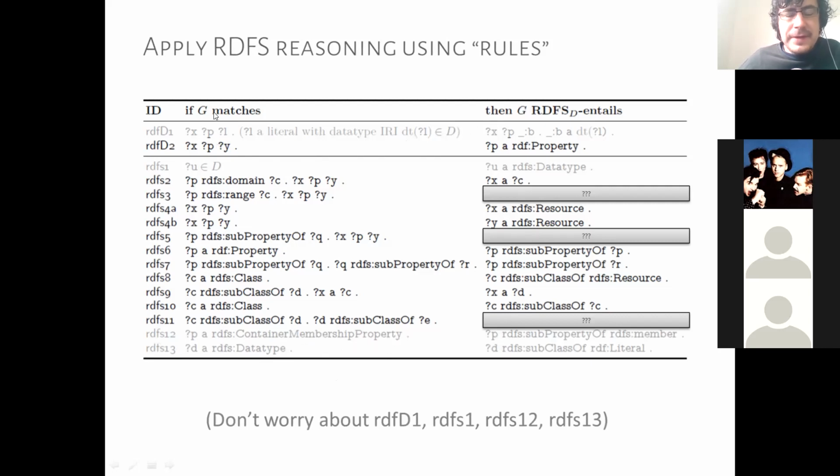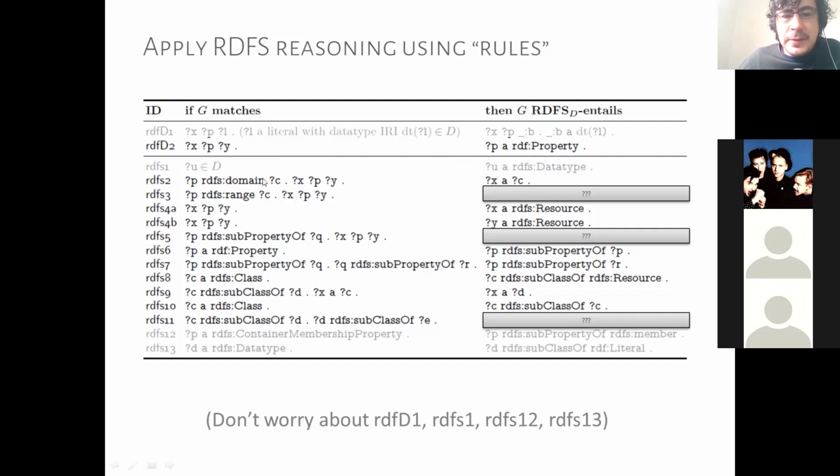If the graph contains a pattern that matches these variables, where the question mark means a variable, it can match anything. So if G matches some triple, it doesn't really matter here because we have no constants, so it can be any triple. Then what it says is the predicate of any triple is a property. So if we use something as a predicate in some RDF triple in our RDF graph, we can infer that that predicate is a property. Okay.